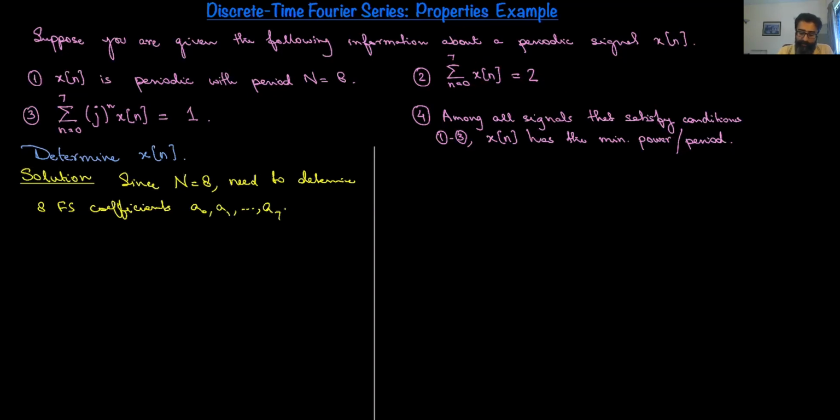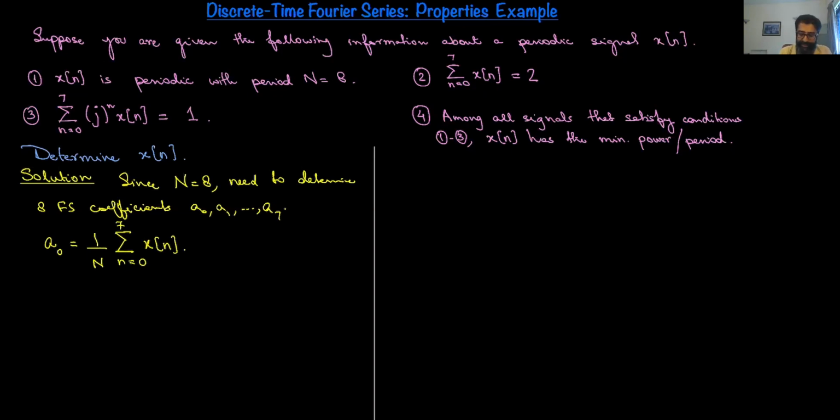Because A naught, if you recall, is simply 1 upon N times the summation, and this summation can go from anywhere to anywhere as long as it's within one period. So the summation from n equals 0 to 7 of x of n times e raised to the power j 2 pi k, but k is 0, so that's just 1.